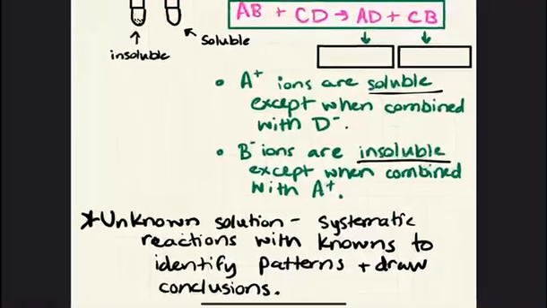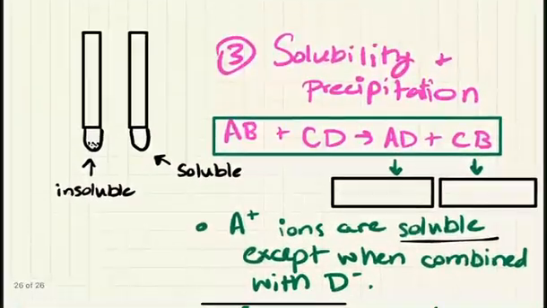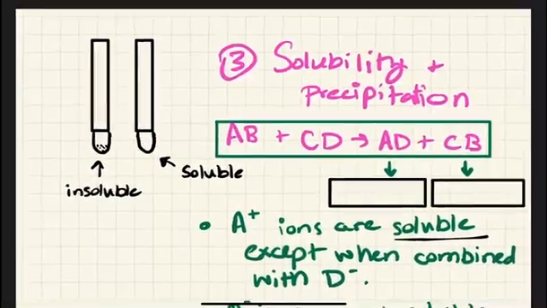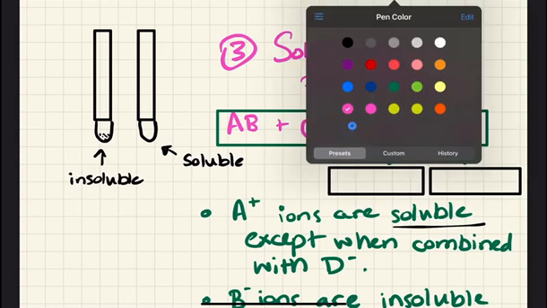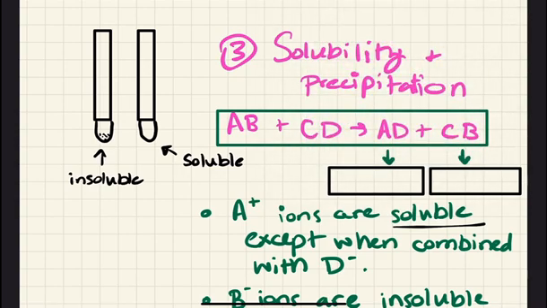But there's one final portion of this experiment that we'll be looking at, and specifically this is solubility and how that relates to whether or not a sample will precipitate. We'll be combining a wide range of different samples together, and in this experiment you'll be looking at whether or not a precipitate forms.